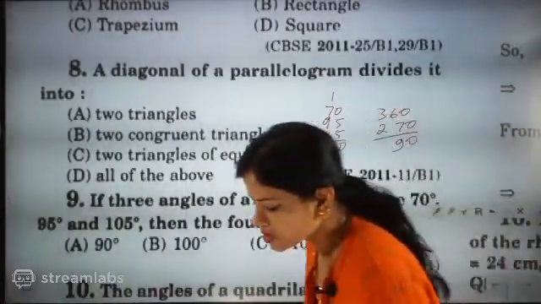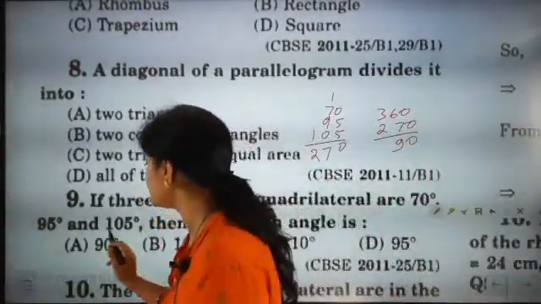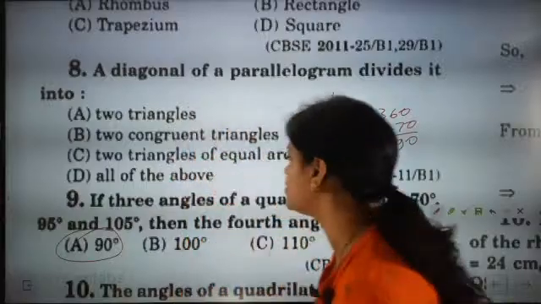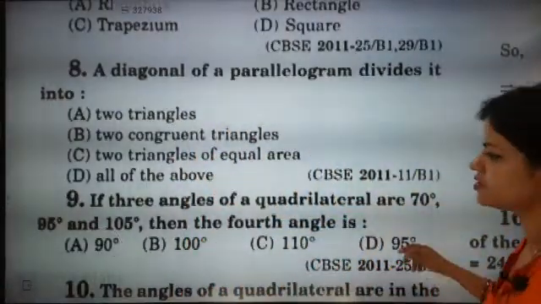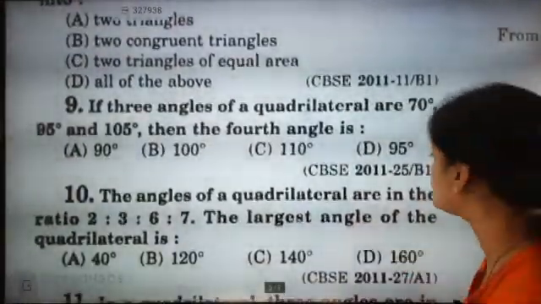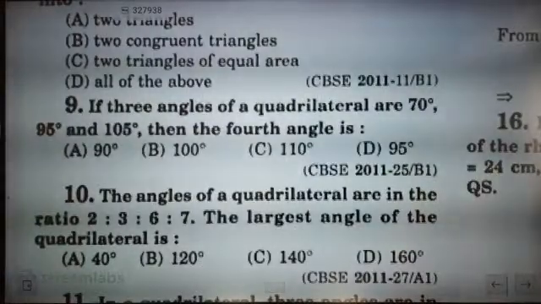Option A is going to be the correct answer. Yes, it is going to be 90. Next: the angles of a quadrilateral are in the ratio 2, 3, 6, 7. Then which one is going to be the largest angle of the quadrilateral?